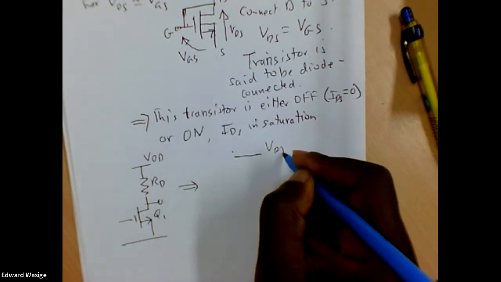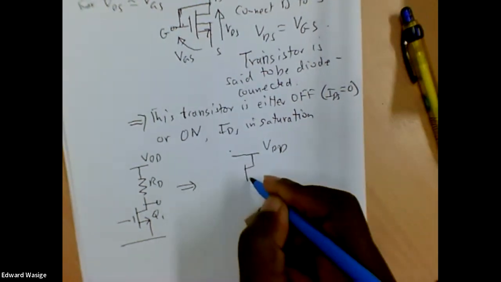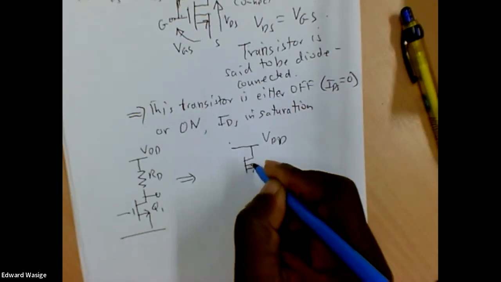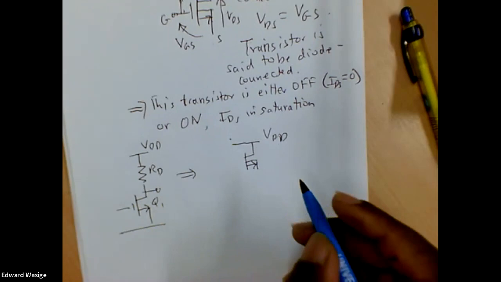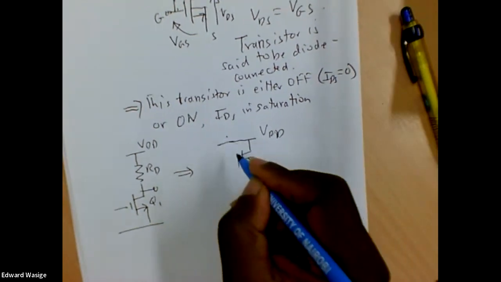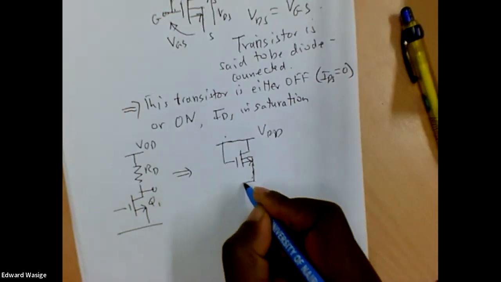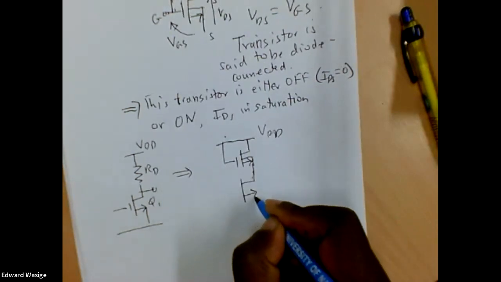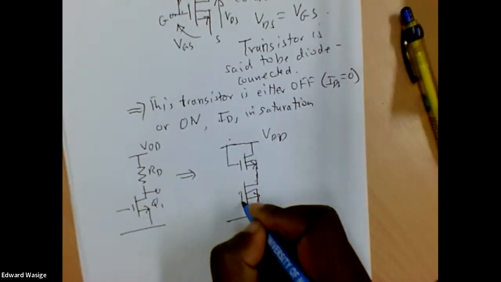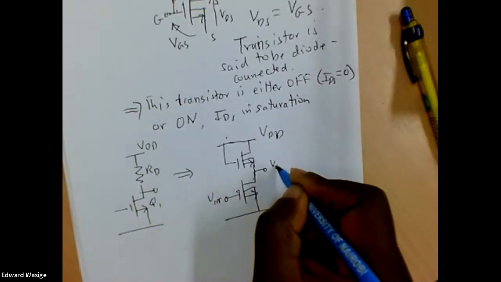So I'll have VDD, and I'll have my top transistor, and this one I can connect to that, and this is my amplifying transistor. That's my V in, and this is my V out.